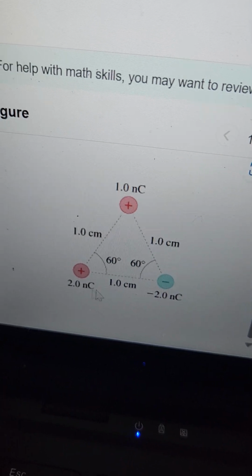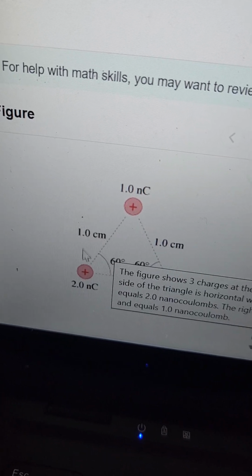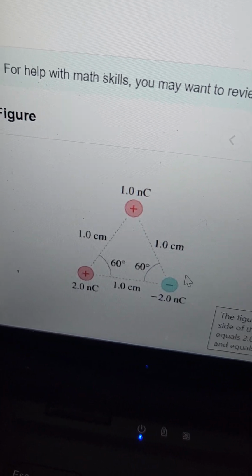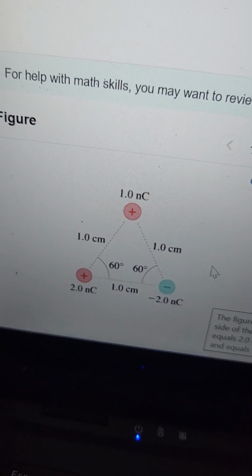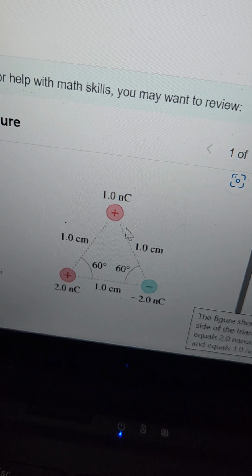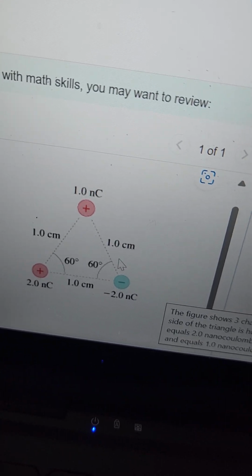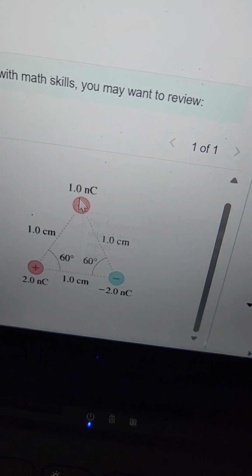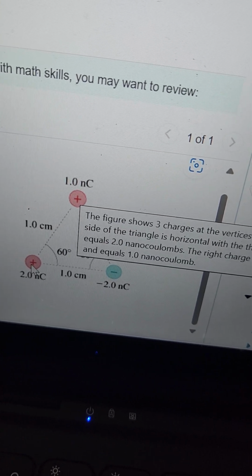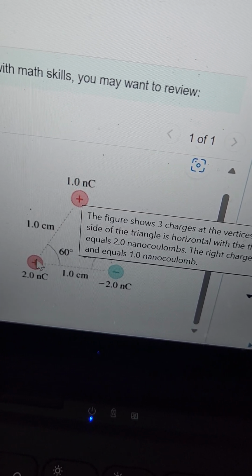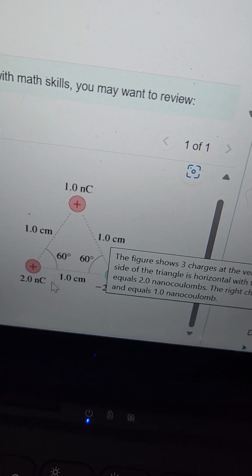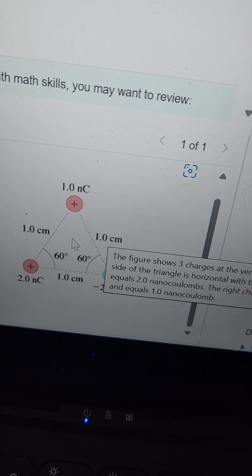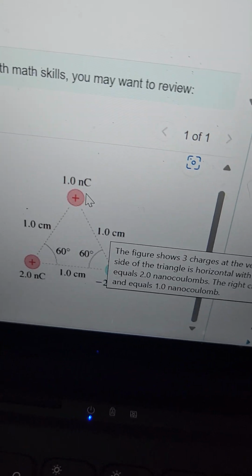Because particle 1 and particle 3 have the same net charge and are the same distance away from particle 2, they're going to have the same net force on it. The force of particle 1 is going to push it up, and the force of particle 3 is going to pull it down, so they have the same net force in the y direction.